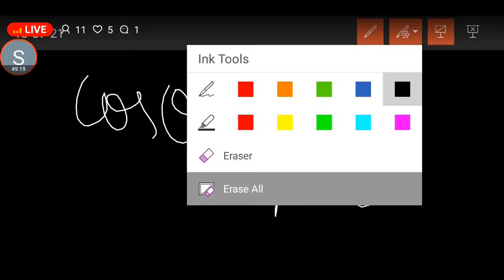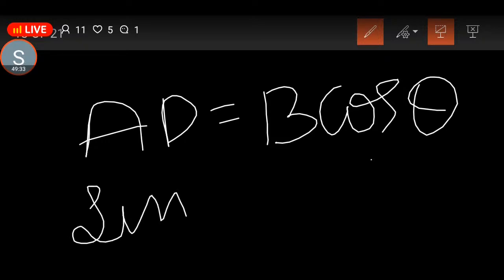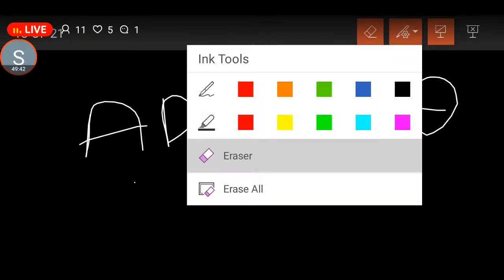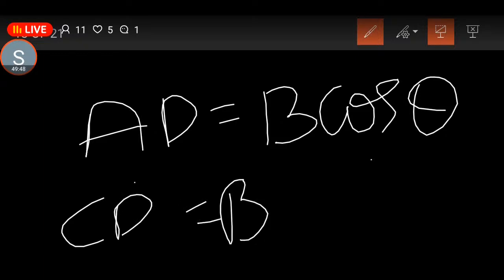Then if you do cross multiplication, AD is equal to B cos theta. That will be the answer. Keep this. If you do the same for sin theta, you'll get the result CD is equal to B sin theta.